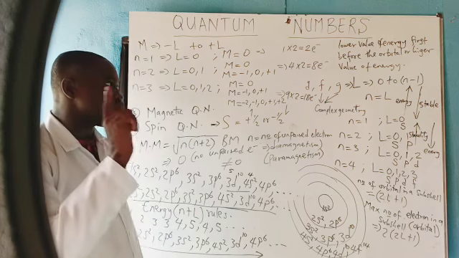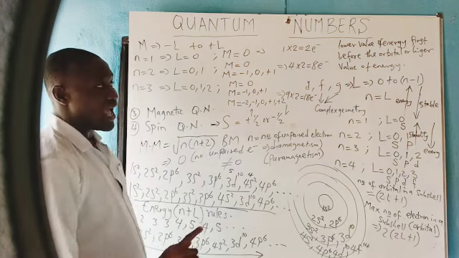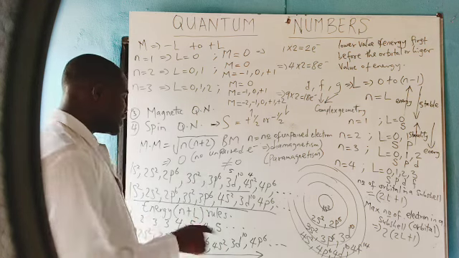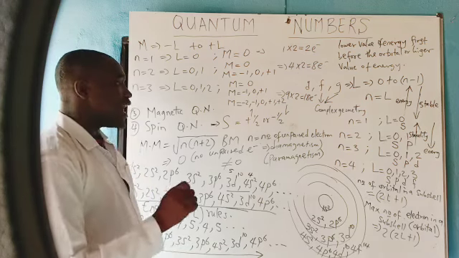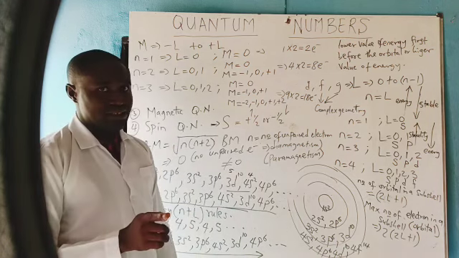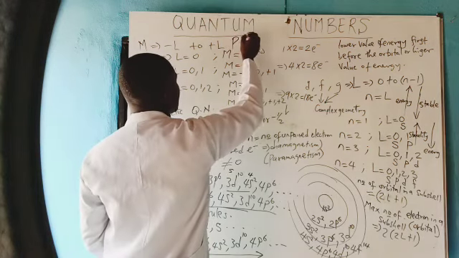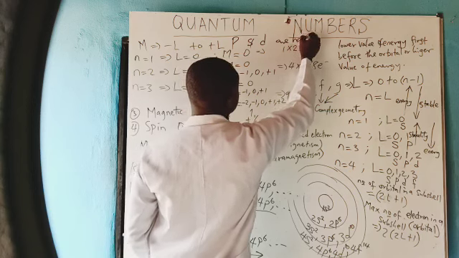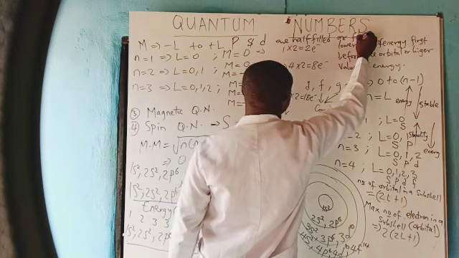That means they can ask you a question on the energy and stability of an orbital. Remember, the higher the energy, the lower the stability. They can also ask you the electron configuration of an element. But it's important to note that the electron configuration of an element is said to be stable if the p and the d orbitals are half-filled or fully filled.